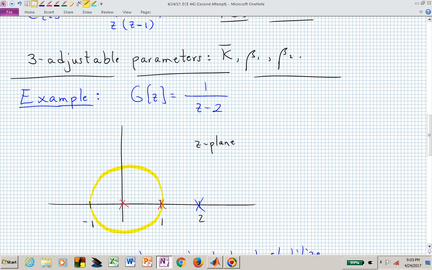Now, if we were simply guessing at where we might locate some zeros, if somebody actually decided to put one of their betas at that location, then I hope it's clear that no matter what we do, we're stuck with a branch of the root locus living between z equal 2 and that 0 location.